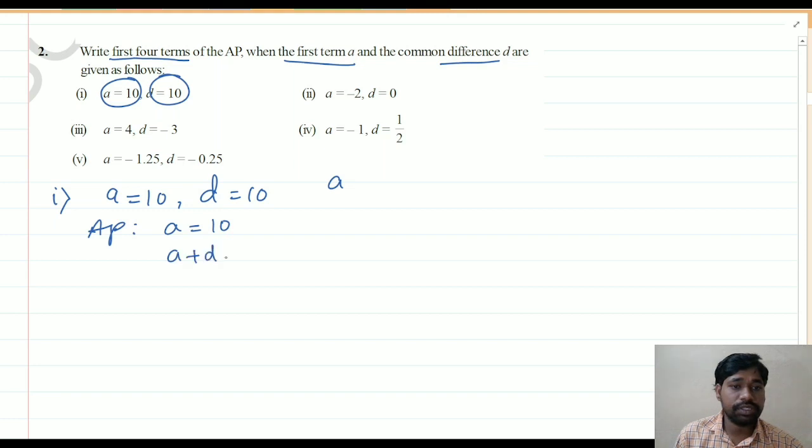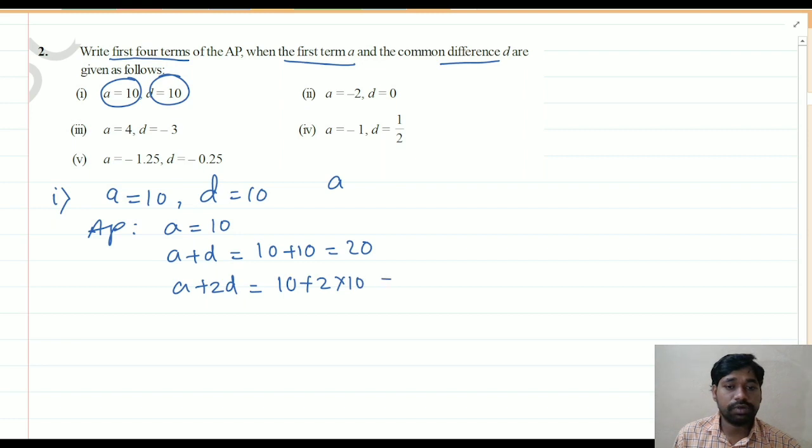Next a plus d equals 10 plus 10, which equals 20. a plus 2d, or you can simply add to the previous number, so 10 plus 2 into 10 equals 30.